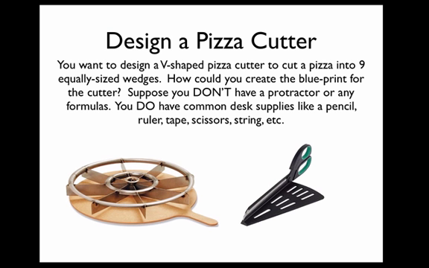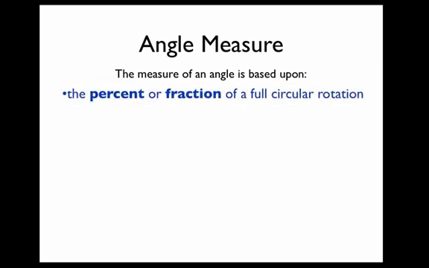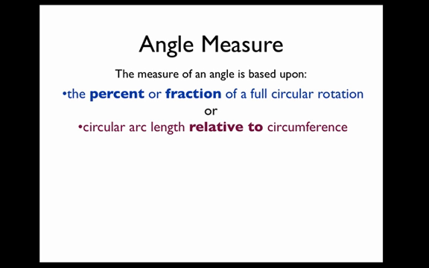Yeah, it depends on a circle, and so it depends on arc length, or specifically, portion of arc length. So one way to think of it is percent or fraction of a full circular rotation, or arc length relative to circumference. Again, it's two different ways of saying the same thing. Arc length relative to circumference is the fraction of the whole circumference that is the arc length.